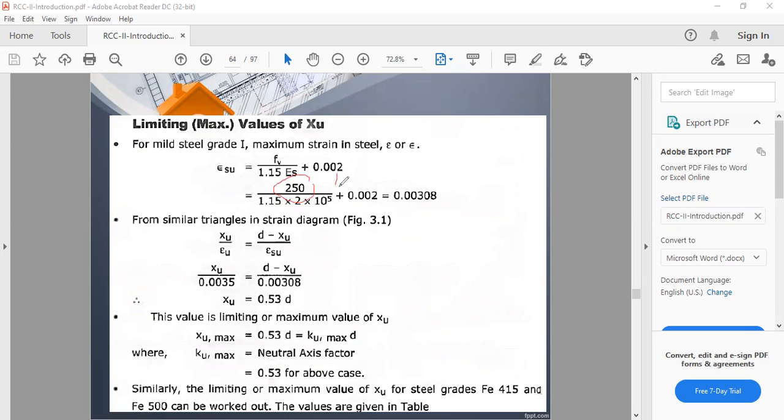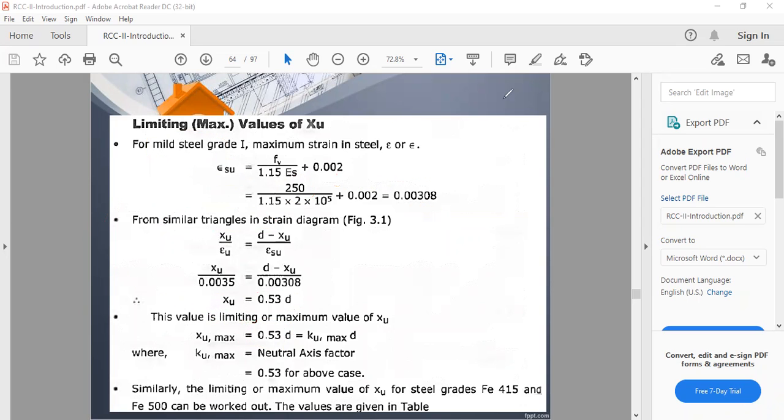Replace 250 by 415 or 500, and accordingly you will get the value of epsilon su, and based on it you will be able to calculate Xu by the similar triangle theory. And this was 0.53 times d for the mild steel grade.